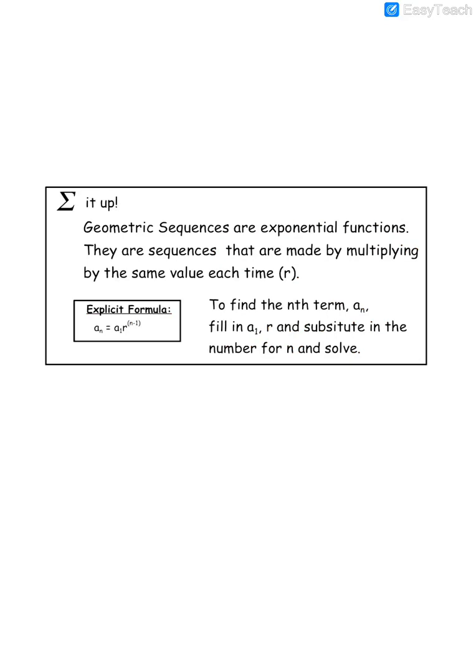Okay, let's sum it up, and then gold friends, I'm going to head back to you. So geometric sequences are exponential functions. When I graph those functions, because they're raised to a power, it's going to look like an increasing or a decreasing function. They are sequences that are made by multiplying by the same value each time. We call this the common ratio.